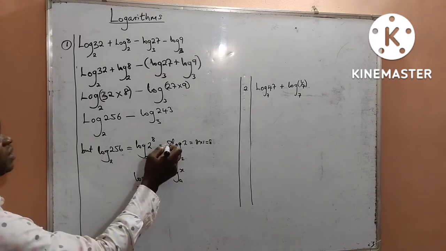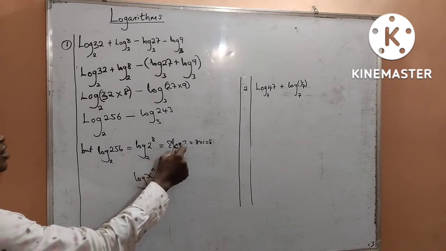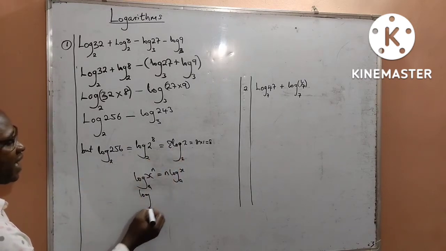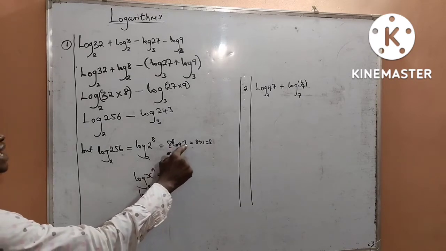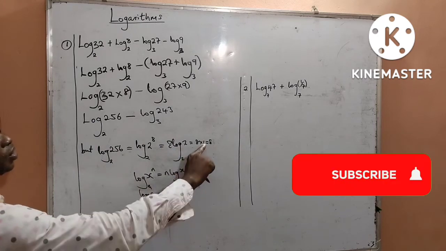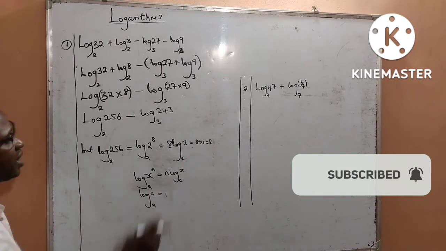That is what I have done here, moving the 8 to the front to have 8 log 2 base 2. Another law says that log a base a is equal to 1, so log 2 base 2 is 1. Therefore, 8 multiplied by 1 gives me 8.